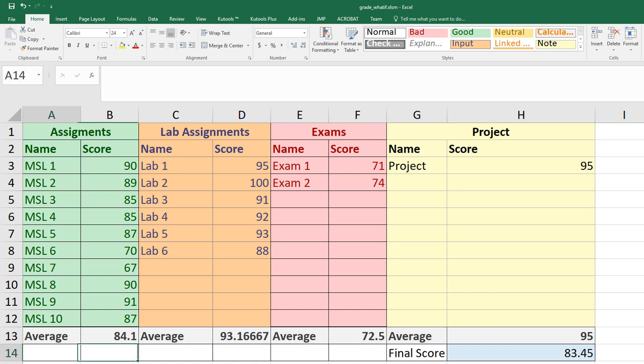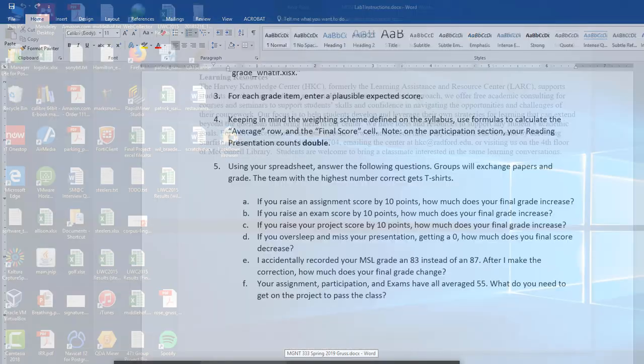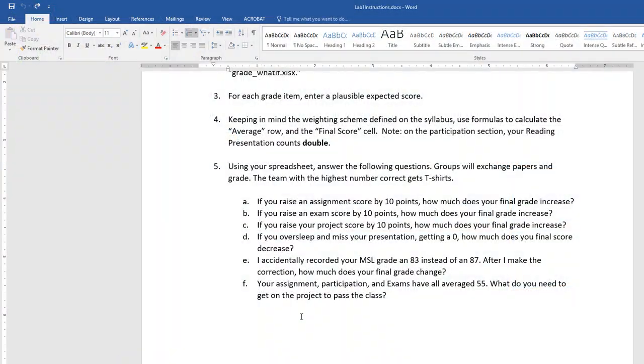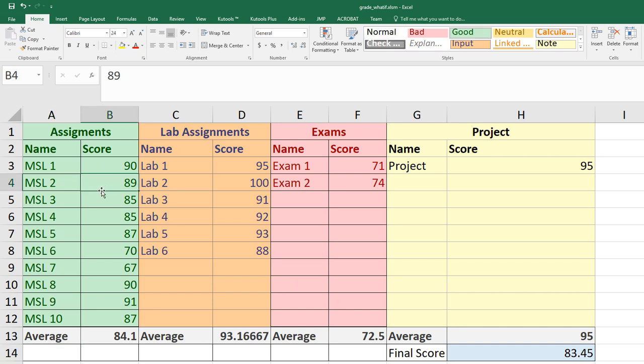Now let's take a look at some of these scenarios that I gave you. If you raise your assignment score by 10 points, how much does your final grade increase? We've got an assignment over here. Let's just go ahead and do it. Let's say that the 70 actually wound up going up to an 80. So we'll put an 80 there, and we'll see how it affects it.